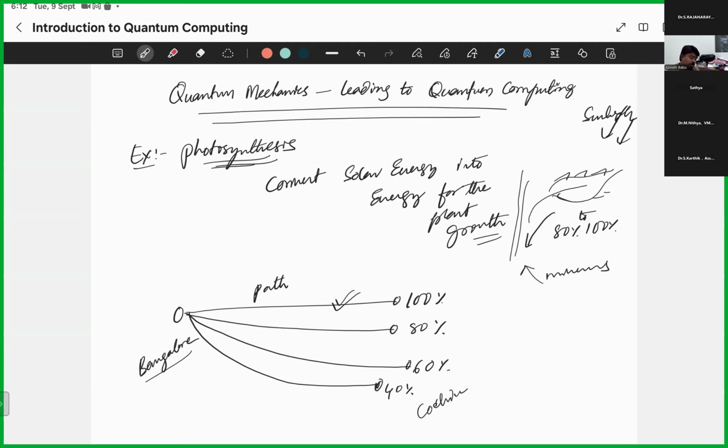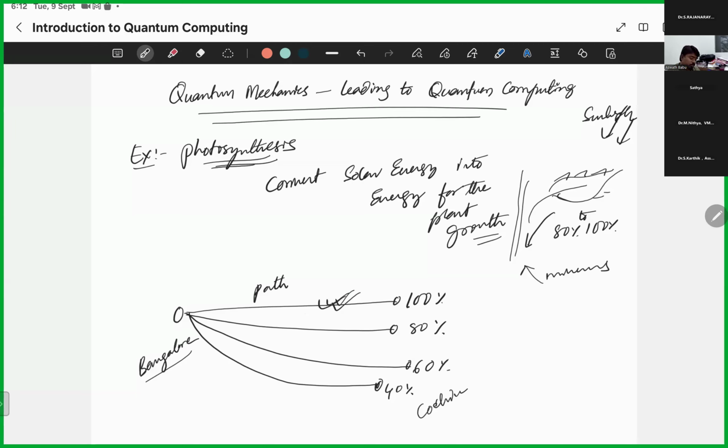I want optimal travel, consuming fewer resources, and I have to be quicker. So the best one is the 100% efficiency one.